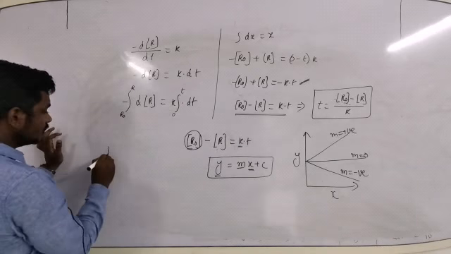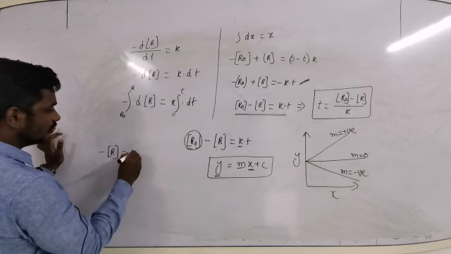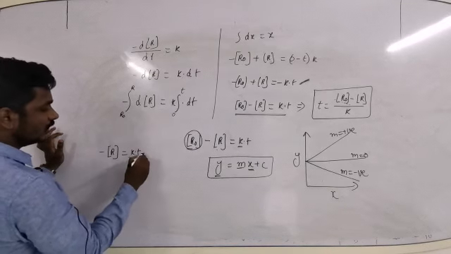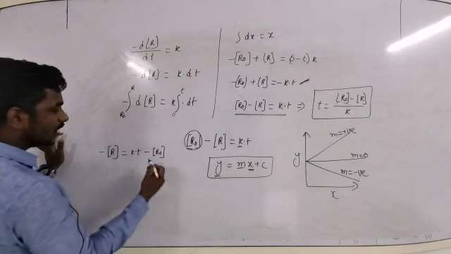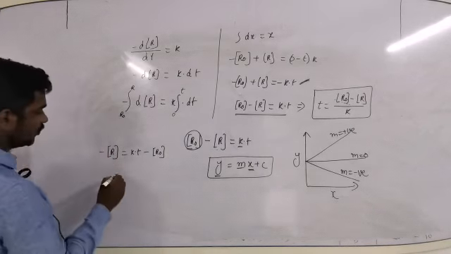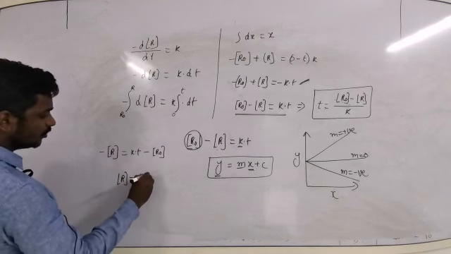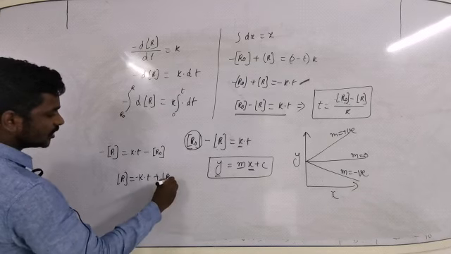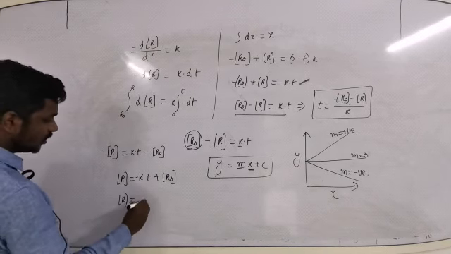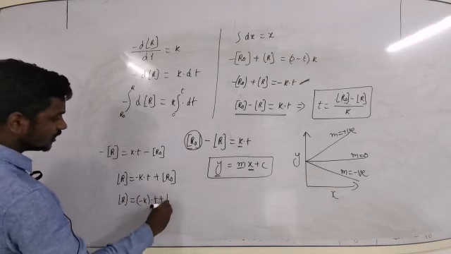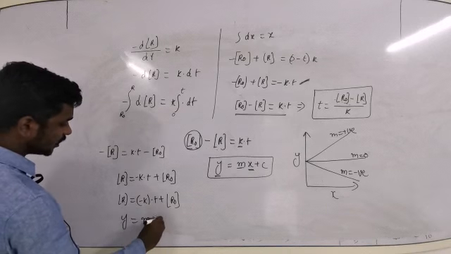So the above equation I am going to write as minus concentration of reactant is equal to K into T, the same expression, the first one that we have got. Minus R naught on going to that side will become minus R naught. Multiply on both sides with negative, so that you will get concentration of reactant is equal to minus K into T plus initial concentration of reactant, which is in the form of y is equal to mx plus c.